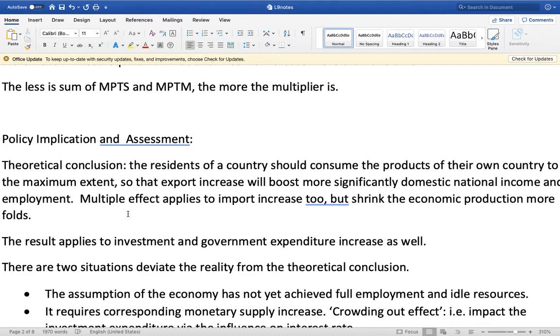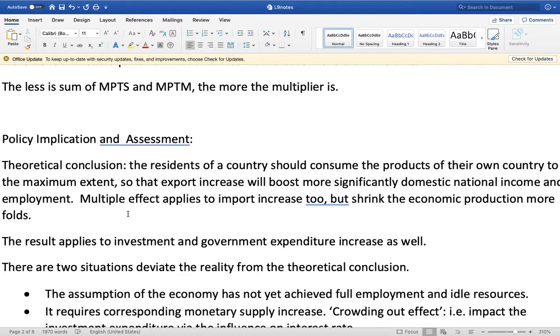And that is the multiplier effect. And the range of the national income growth is much greater than the magnitude of the import increments.